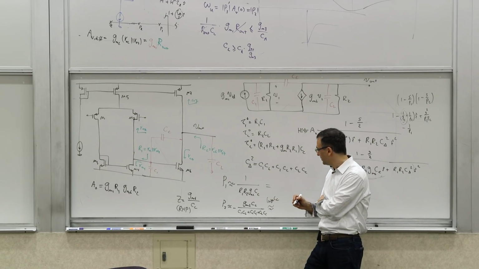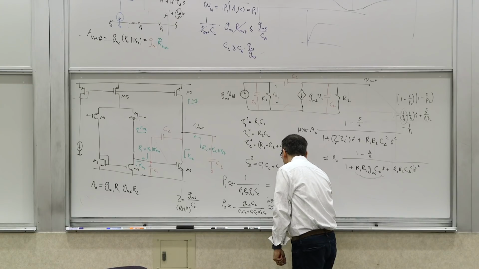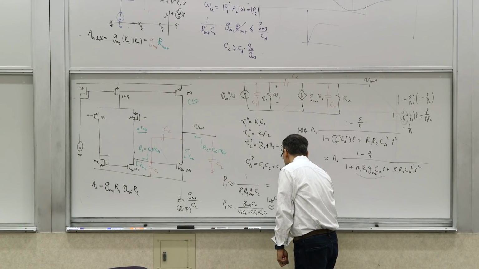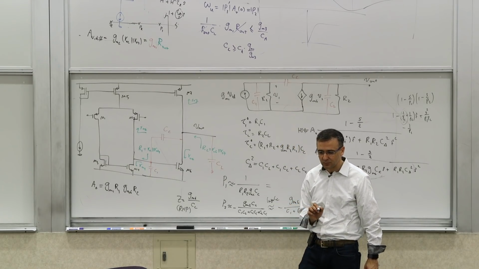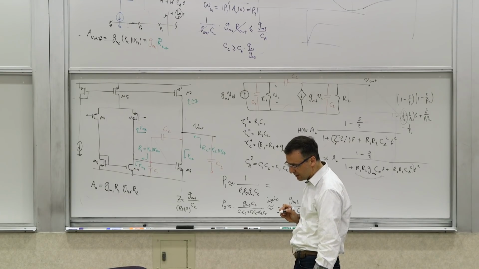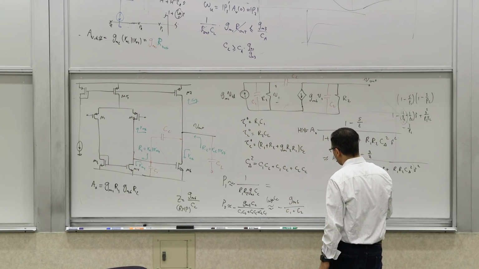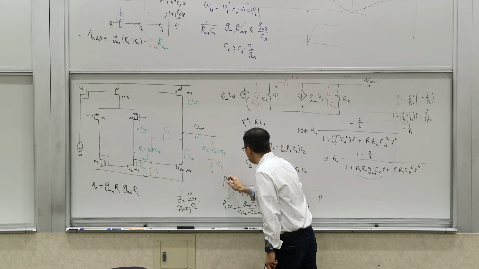So the CCs cancel, and what you end up with is GM6 divided by C1 plus CL. That's for very large CC. So let's call this P2 prime.